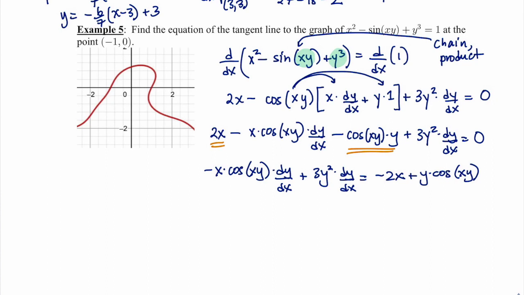Then I will factor out dy dx. And I've got next to that then x times cosine of xy with a negative sign plus 3y squared.